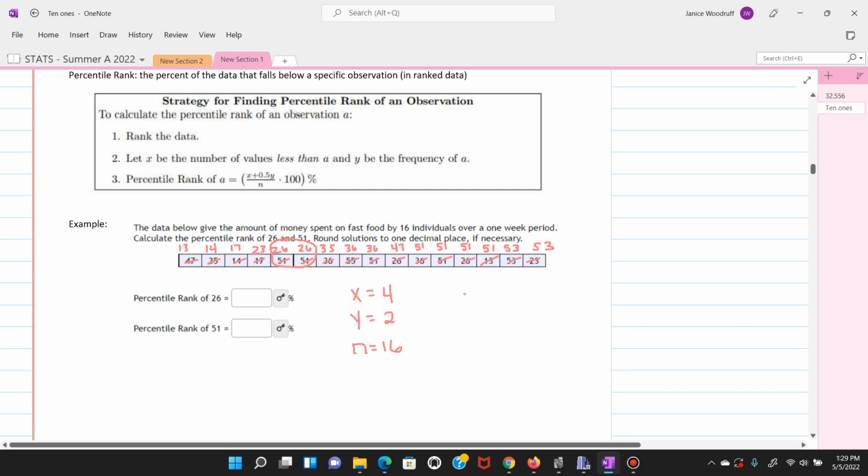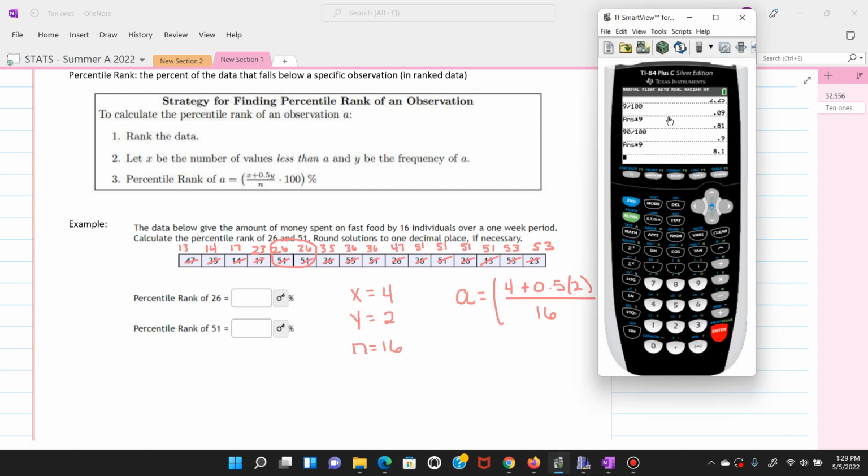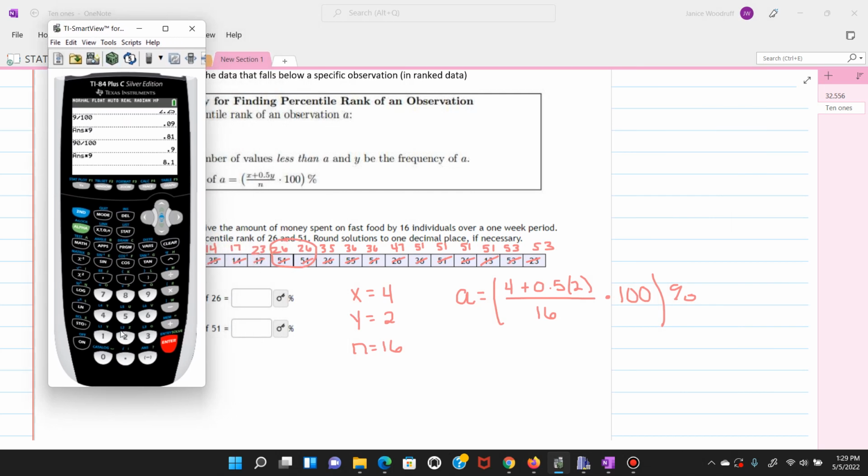And then we're going to put that in. So a is going to equal x, so 4 plus 0.5 times 2 over n, which is 16. And then we're going to times that by 100, and that's going to give us a percent. Okay, so let's go ahead and do that. So we've got 4 plus 0.5 times 2 divided by 16 times 100.